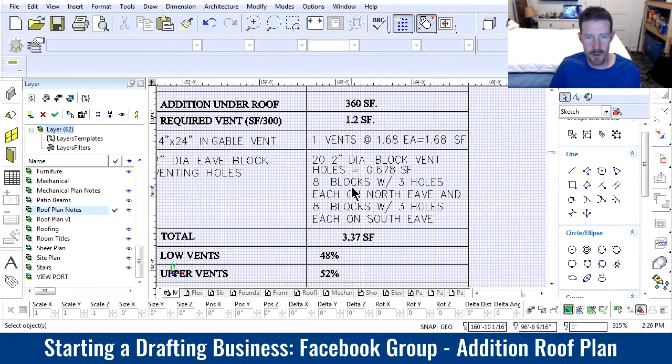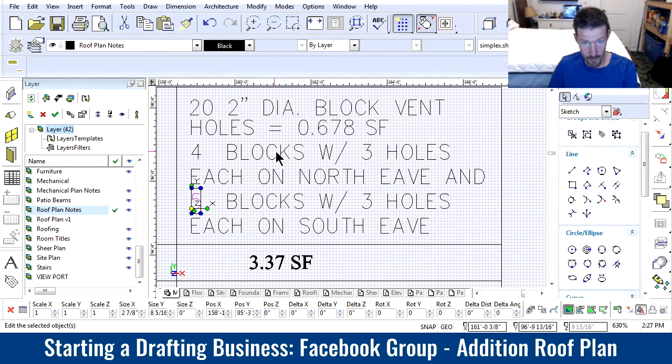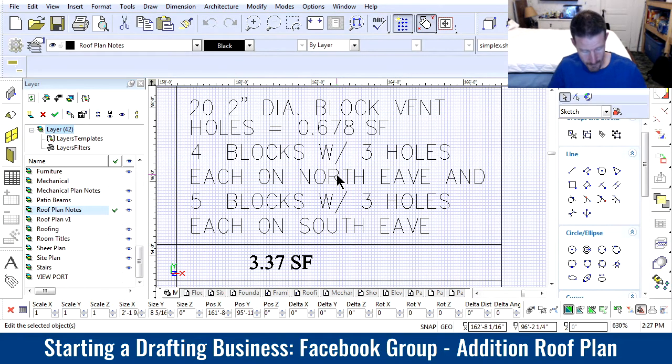So in here we say 9. Actually, this is 4 and 5. Hold 9. 4 blocks with 3 holes each, so that is the east side, and this one here is the west side.